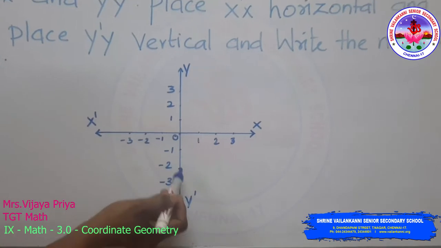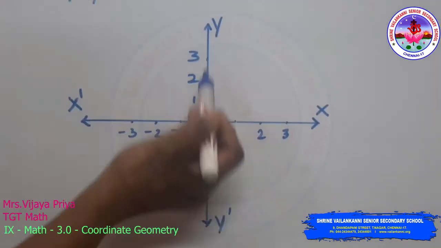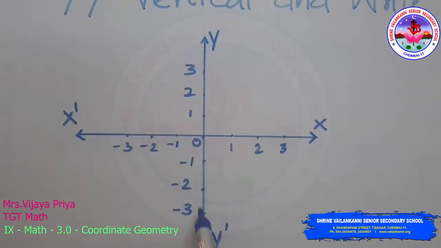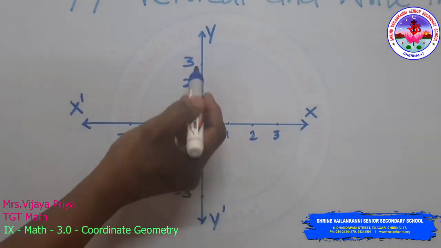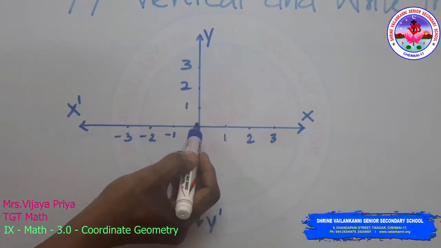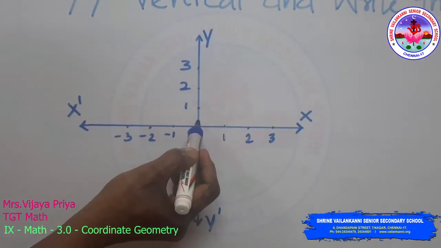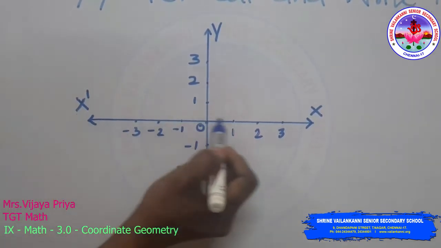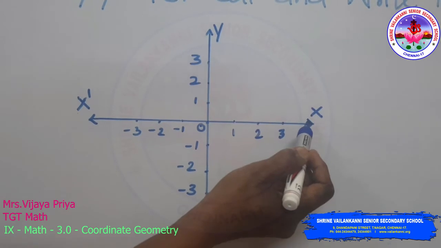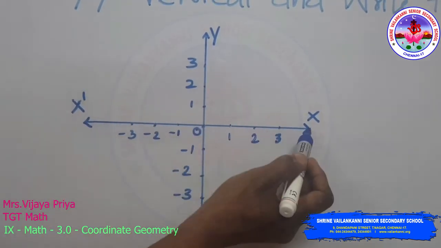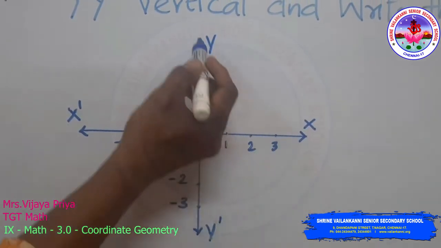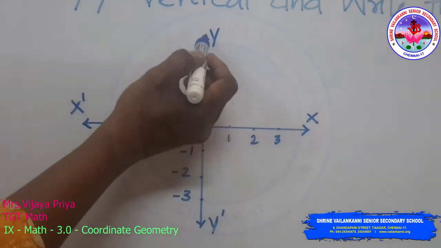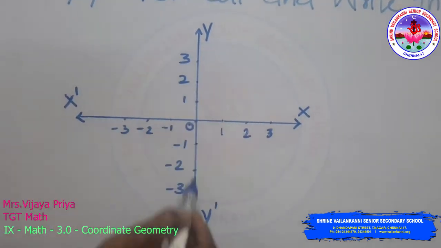Combine these 2 lines X'X and Y'Y in such a way that the 2 lines cross each other and intersect at the origin O. Thus this horizontal line X'X is called the x-axis and the vertical line Y'Y is called the y-axis.